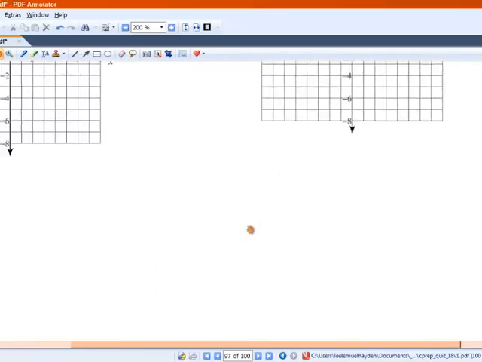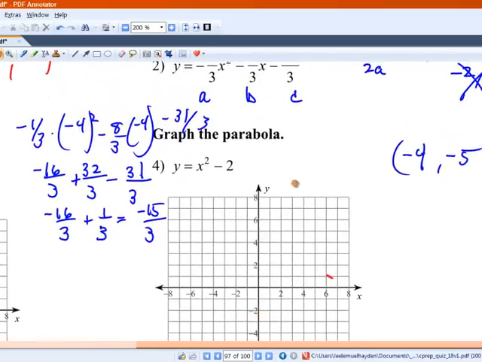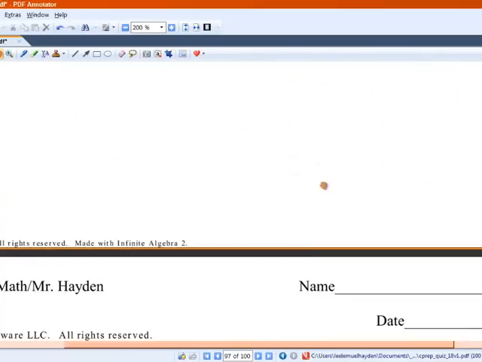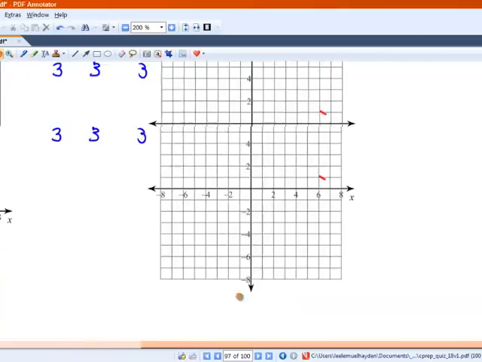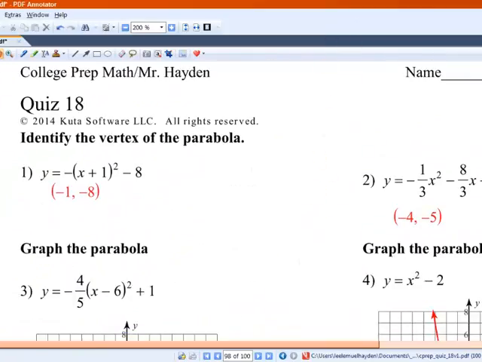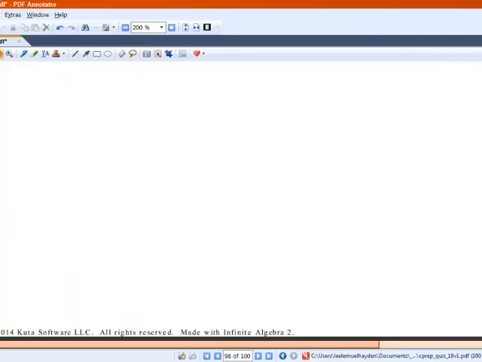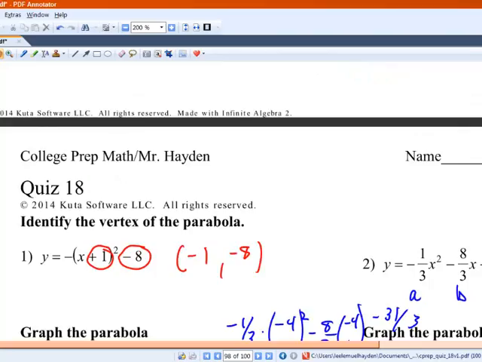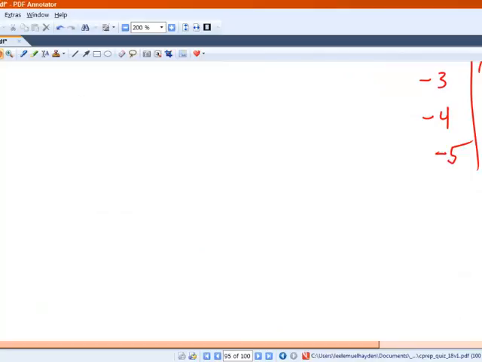Gosh, did I just accidentally undo that? Where'd my tail go? Oh, there we go.